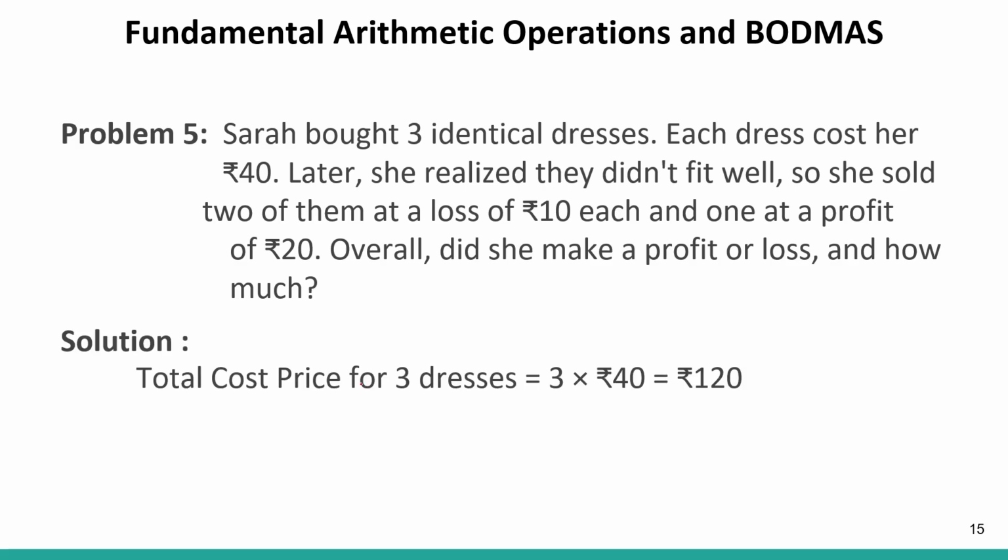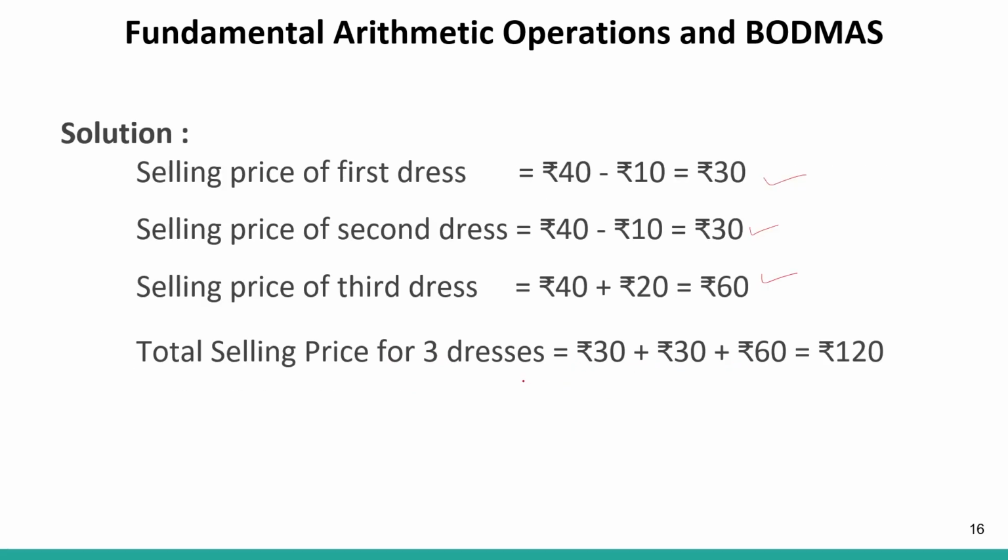The total cost of 3 dresses is 3 into 40, equal to 120. The selling price of the first dress is 40 minus 10, equal to 30, and the second dress is also 40 minus 10, equal to 30. The third dress was sold at a 20 rupee profit, so 40 plus 20 is equal to 60.